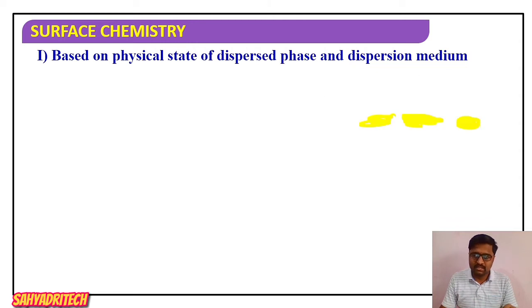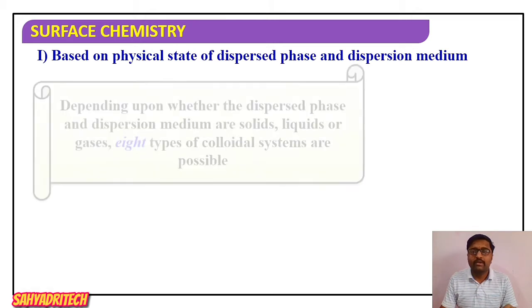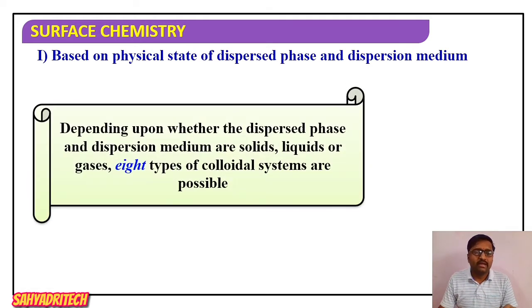So based on these possibilities, how many combinations will we get, depending upon whether the dispersed phase and dispersion medium are solid, liquid or gases?